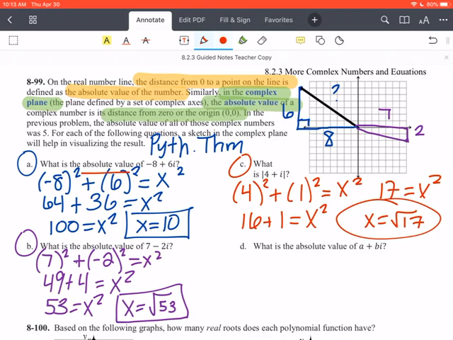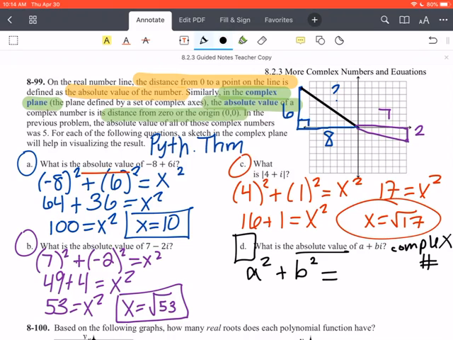And then finally, in conclusion, in general, we're going to generalize now. How do we find the absolute value of a complex number? Well, we are going to take the real component a and we're going to square it. We're going to take the imaginary component b and we're going to square it.